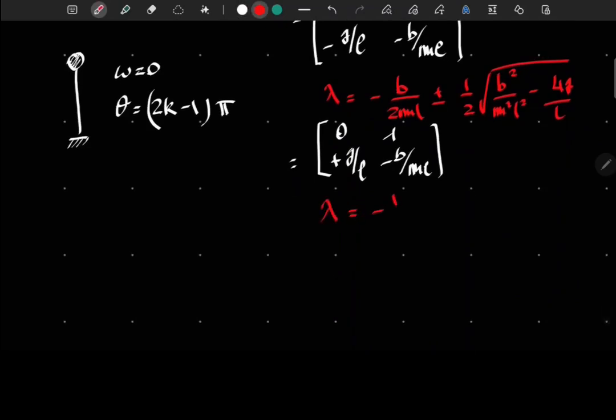So in this case, we have lambda equals minus b over 2 m L plus or minus 1/2 of the square root of b squared over m squared L squared plus 4g over L. And in particular, you see that whenever we choose the plus sign here, then the term under the square root is larger than b over 2 m L, and the whole sum here is positive. So we have an unstable equilibrium point.